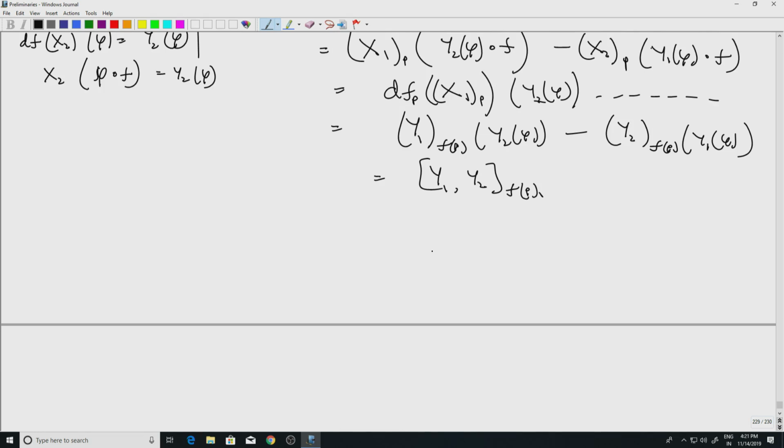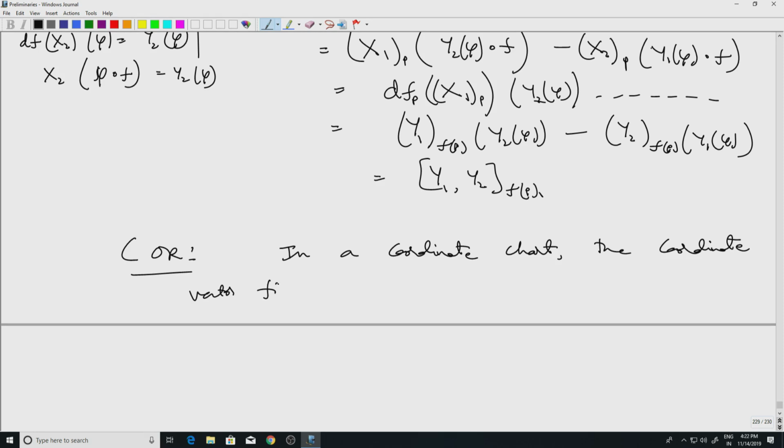In particular, one corollary of this is that in a coordinate chart, the coordinate vector fields have pairwise Lie brackets 0.